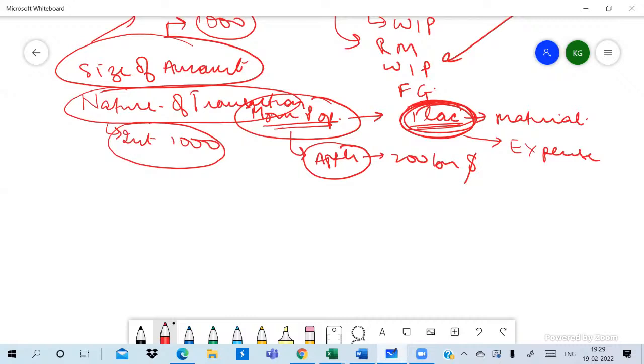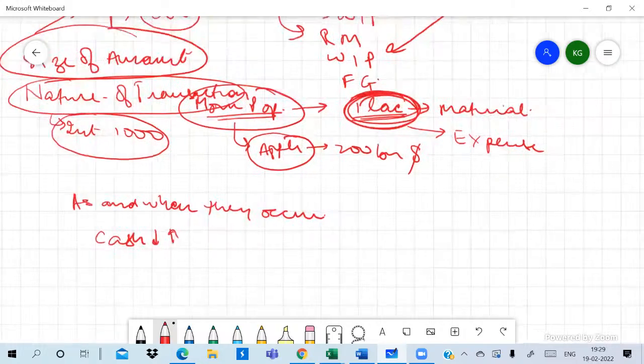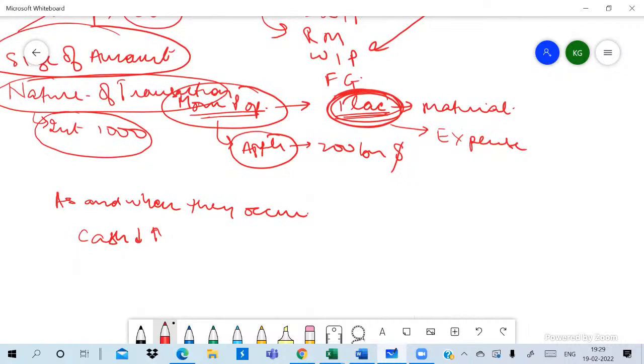Accrual concept says that you will record the transactions as and when they occur. You will not wait for cash to come in or cash to go out. Let's take an example. Let's say I've sold goods to you on credit, which means you did not pay me the money today, but maybe you will pay me the money after a week, after 10 days, 15 days, after a month or so.